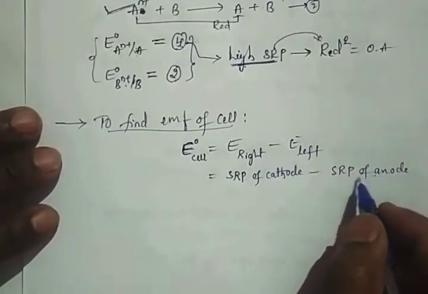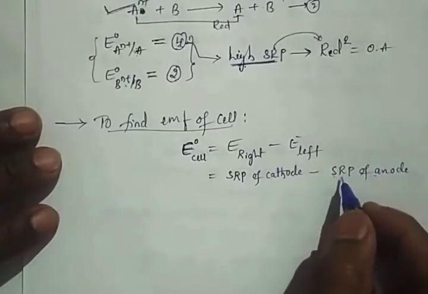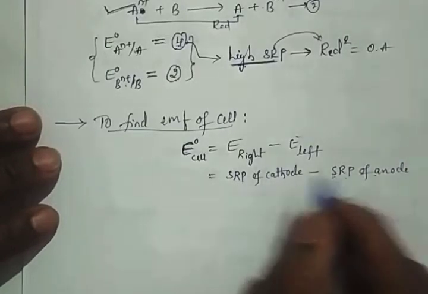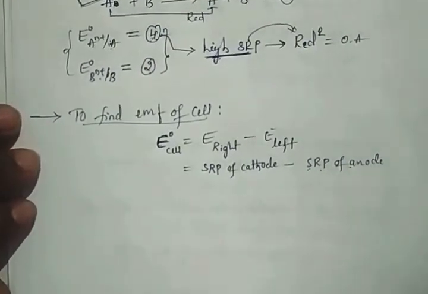Anode and cathode, both the electrode potential values are expressed in reduction potential only, right?